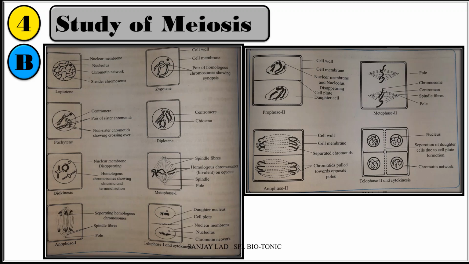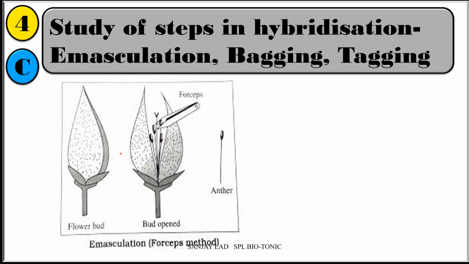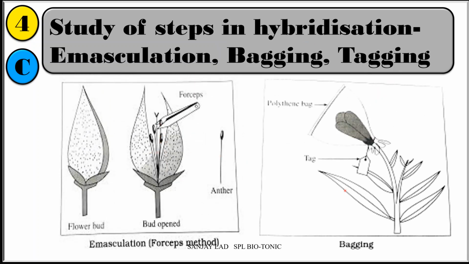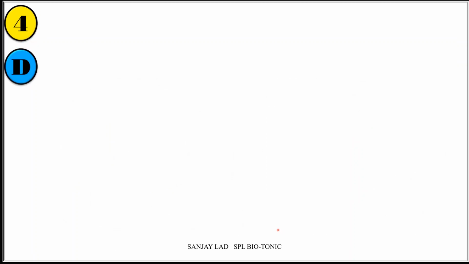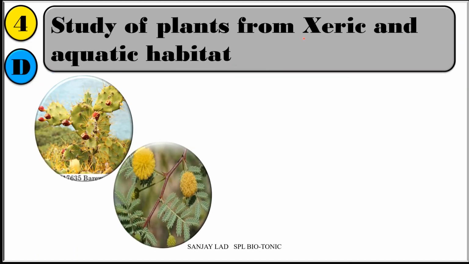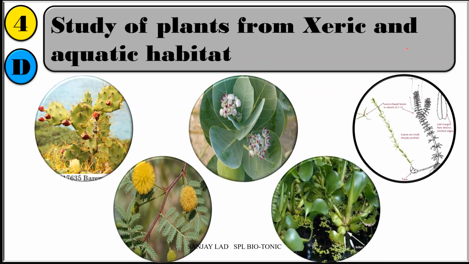Question 4C is about the 3 steps in hybridization, such as emasculation, bagging, and tagging. Out of these 3 stages, any one stage will come for identification. Question 4D is about the plants adapted for xeric and aquatic conditions.